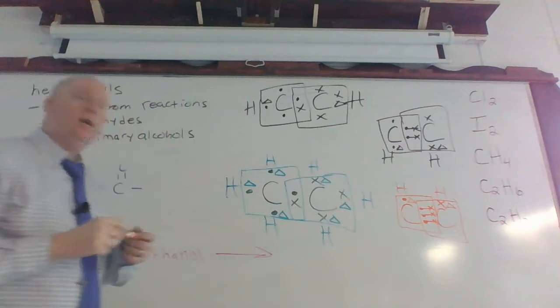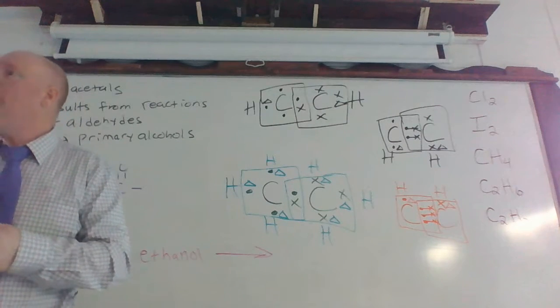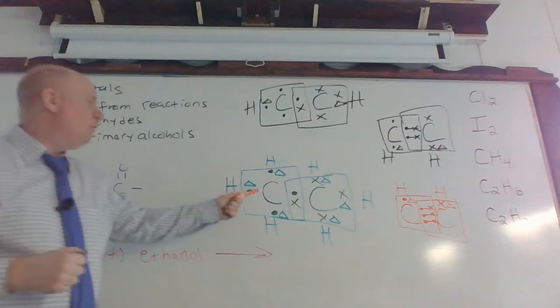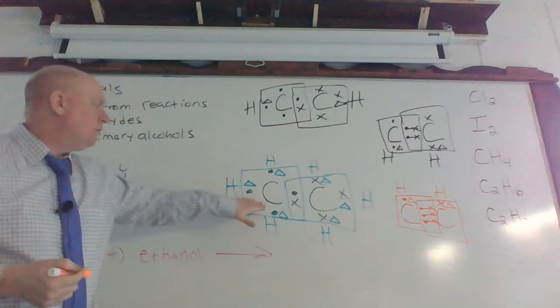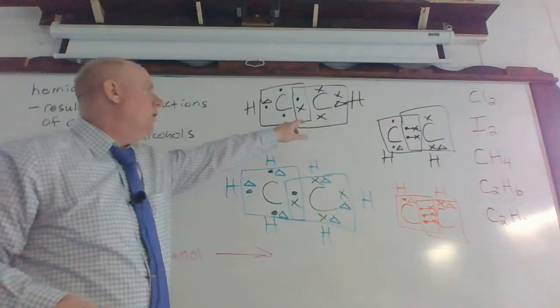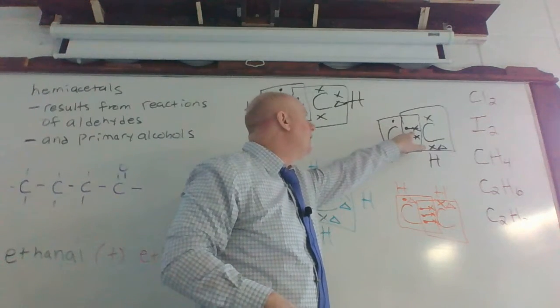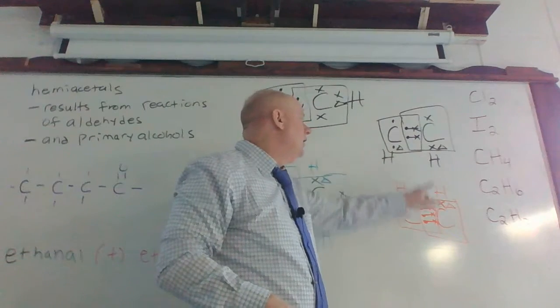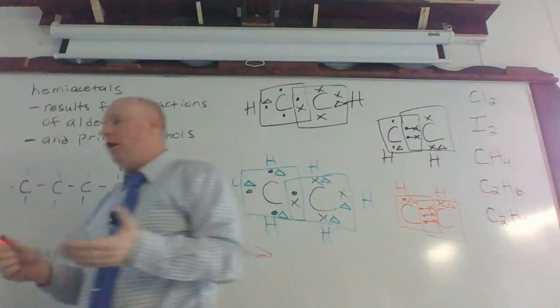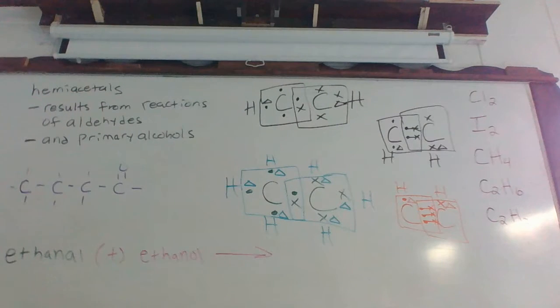Okay? So typically when you do these, it's best just to start with a single bond. Nope, that didn't work. Okay, let's try a double bond. Well, that didn't work. So let's try a triple bond. Now, not all elements can do that.